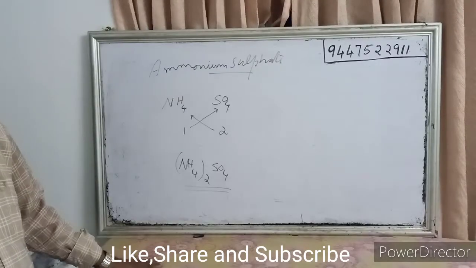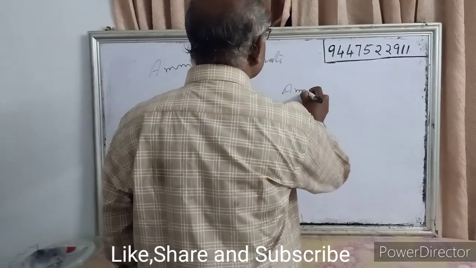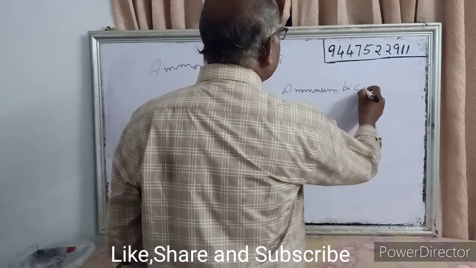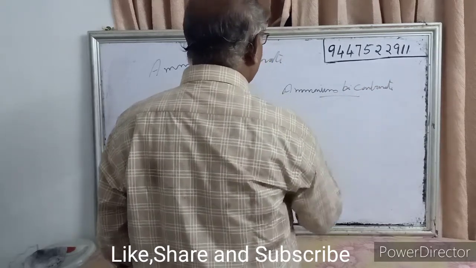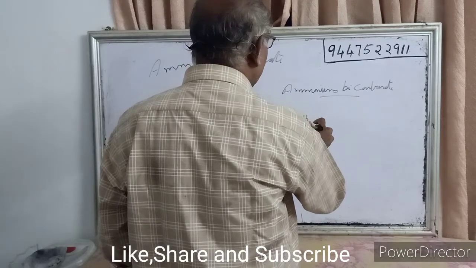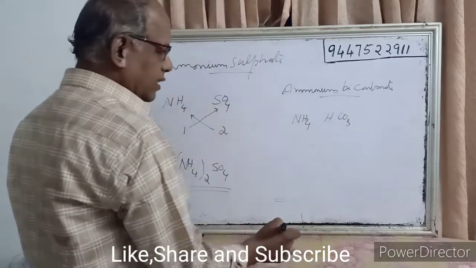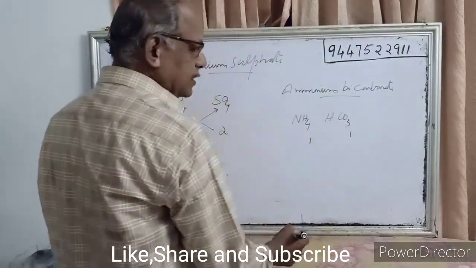What is the formula for ammonium bicarbonate? The symbol for ammonium is NH4, bicarbonate is HCO3. Ammonium valency is 1, bicarbonate valency is 1.